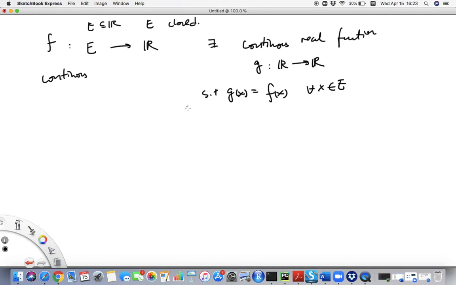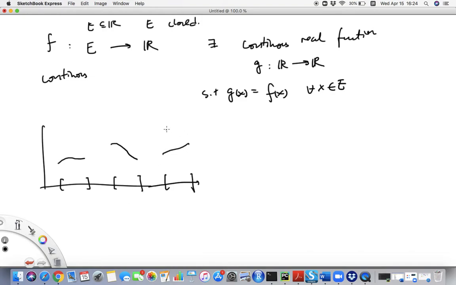Okay, so say I have a closed and bounded interval. So that's just one example. Okay, so now I have a function f that's only defined on these closed and bounded intervals. Okay, and on those intervals it is continuous.